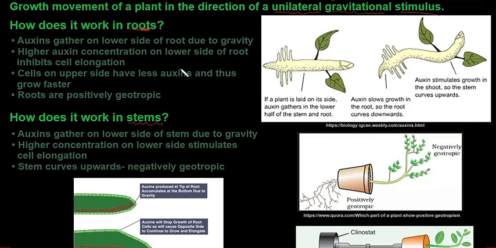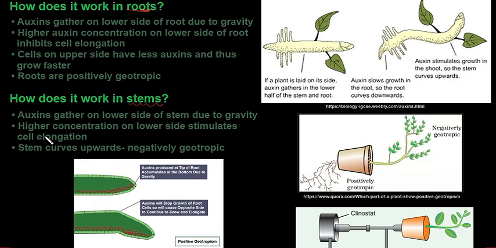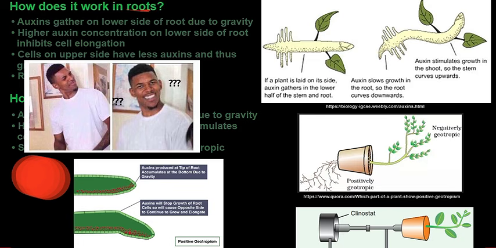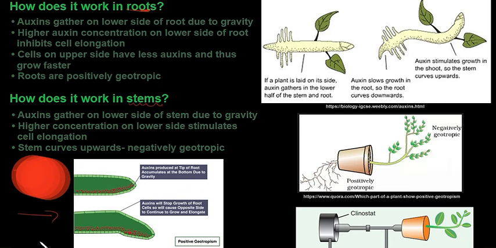Let's look at this diagram over here. Now this is the root. When there is gravity involved, the auxins will all be pulled down due to gravity, and they will accumulate at the lower part of the root.